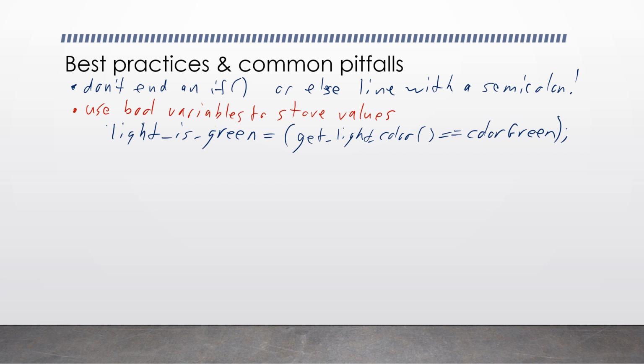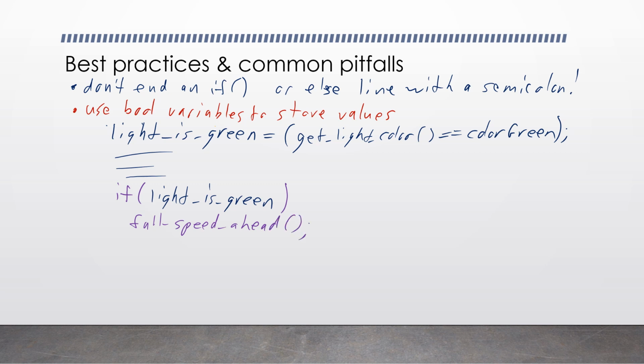Now we can go on and do several other lines of code, and then get to the key point where we say if light is green, full speed ahead.